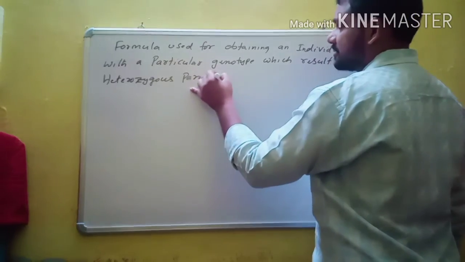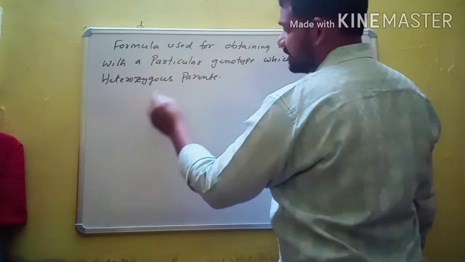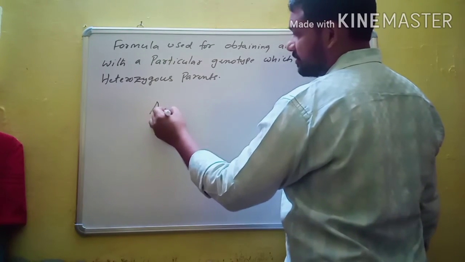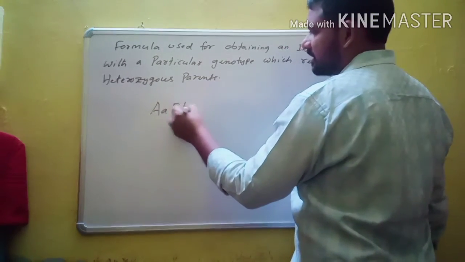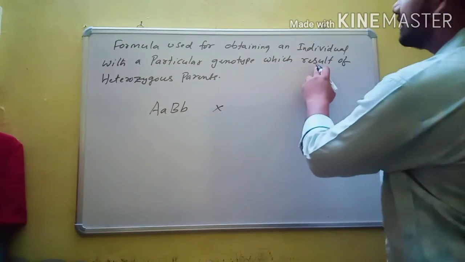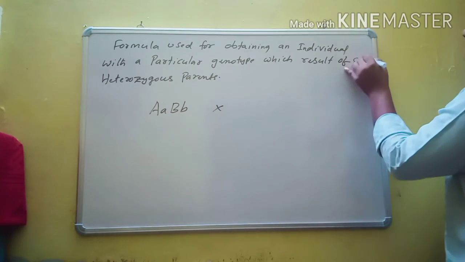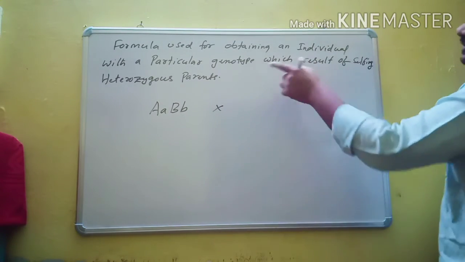Considering the genotypes of parents, both are heterozygous. For example, capital A small a, capital B small b. This is one heterozygous parent and it is self-fertilized. It is a result of selfing of heterozygous parents.